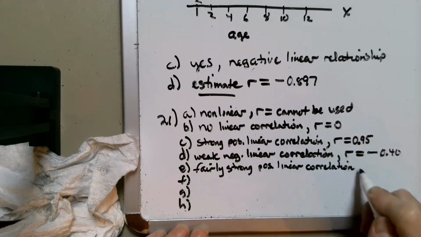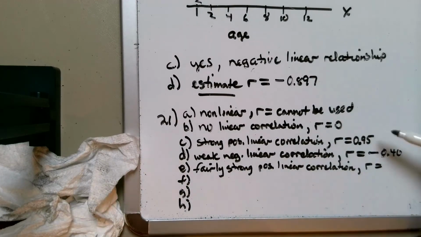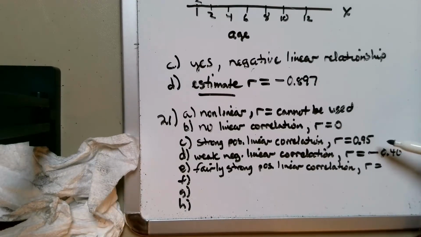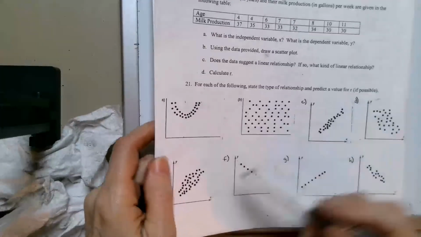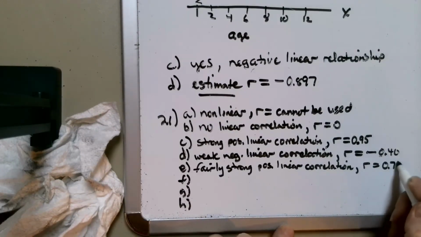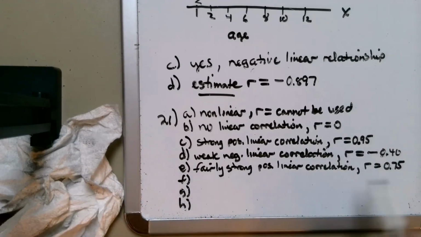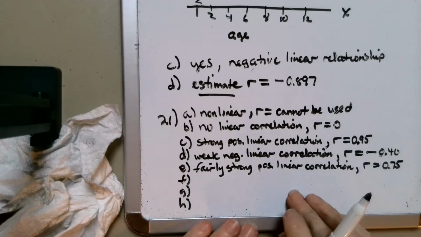So we can do an R value. It's going to be positive. It's not going to be as strong as the one we had up here in C because it wasn't as strong a straight line as C, but it's somewhat strong. So I guessed around 0.75, 0.7, 0.8, some kind of ballpark, 0.6, some ballpark figure of that.